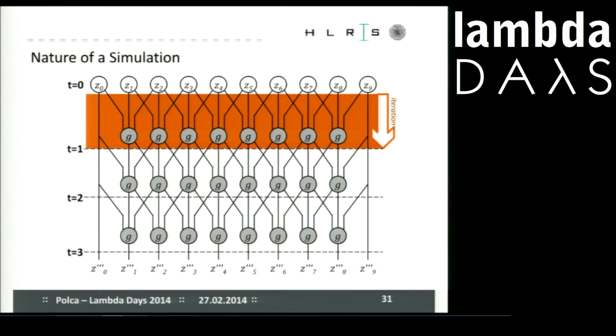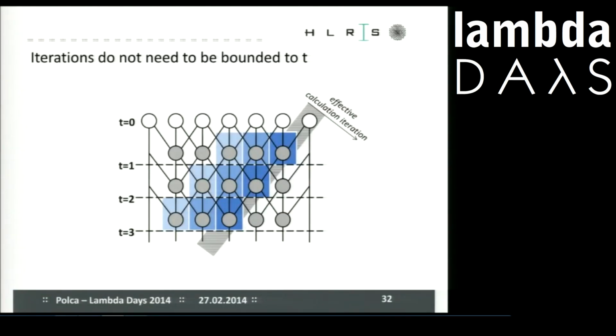And it doesn't necessarily need to be like that, because the only limiting factor to calculate each of these nodes is that their dependencies are resolved. So we can iterate kind of in diagonal. This is one iteration, this is the other iteration, here with the colors. If the dependencies are resolved, you can just do it.